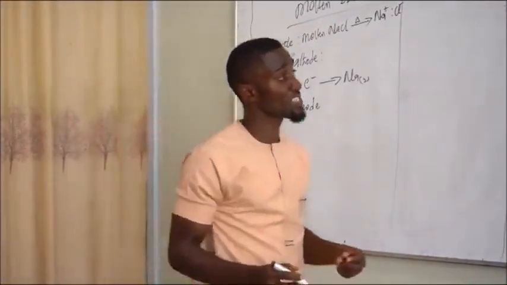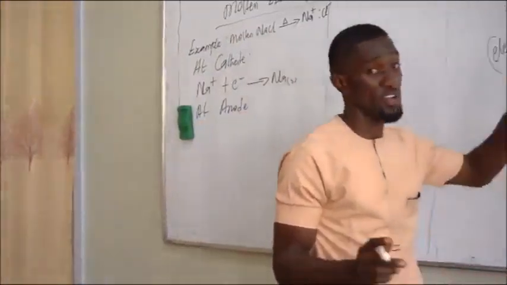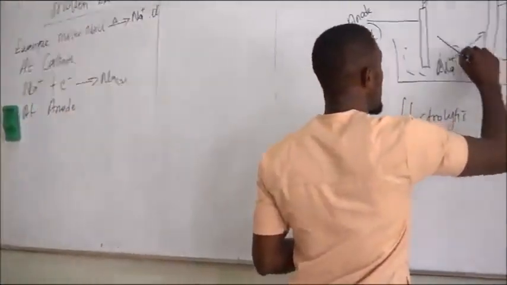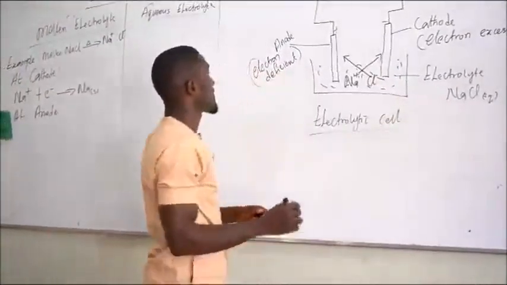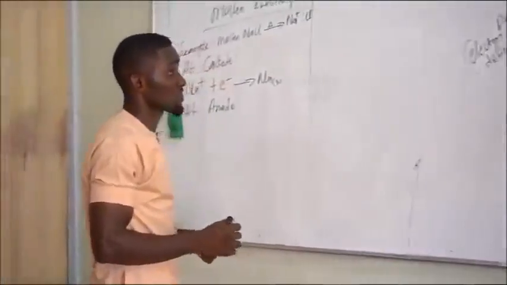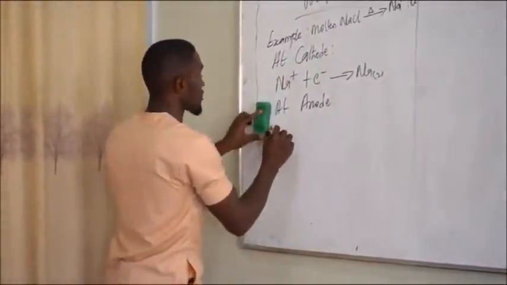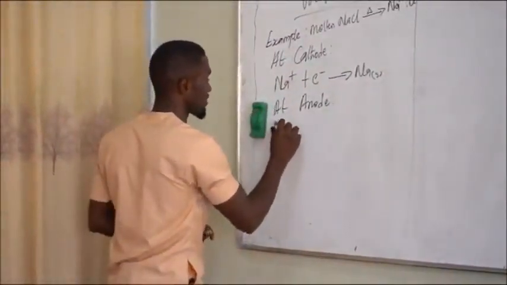At the anode, since we have sodium ions and chloride ions only in the solution, the chloride ion migrates to the anode, where it loses an electron to be deposited as chlorine gas.